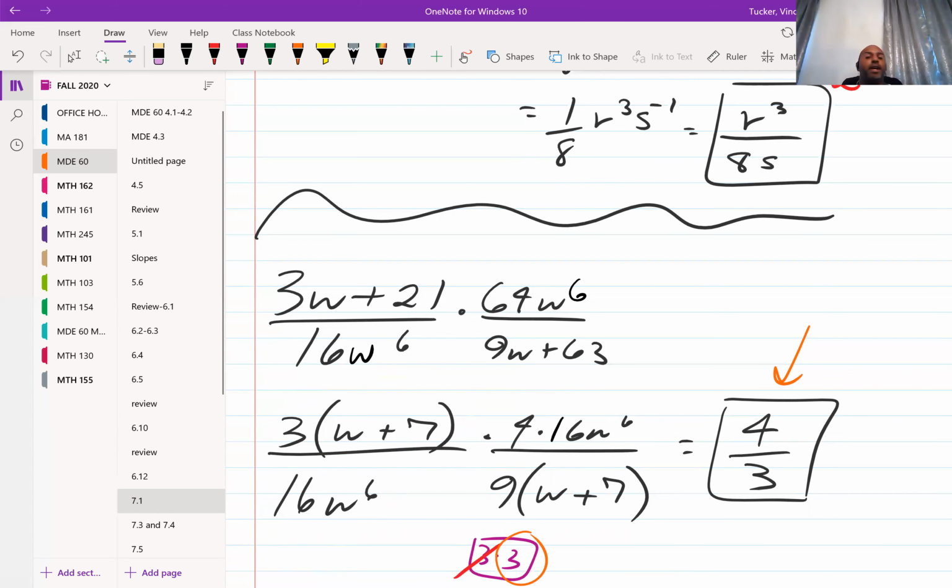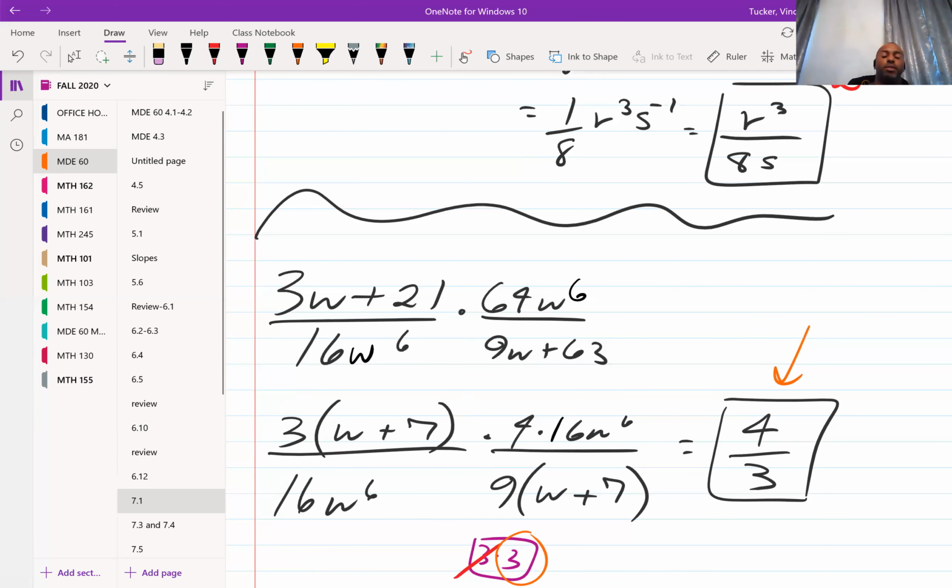Now, if you didn't see that and you just break them all the way down to prime numbers, then you still get the same result. But if I see something like this, then you don't have to do the extra work. You'll be able to cancel out the whole term.